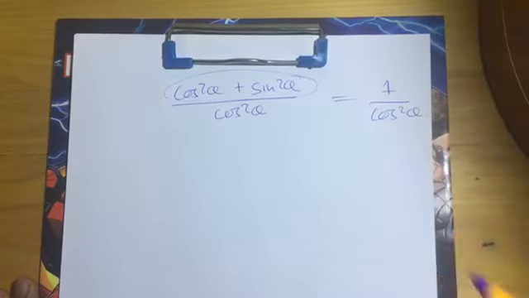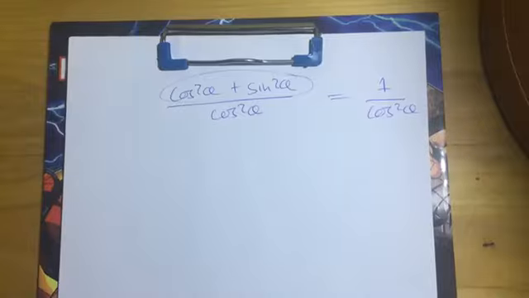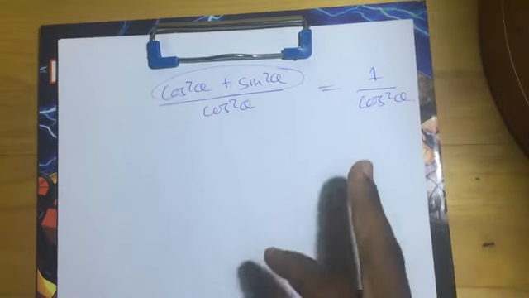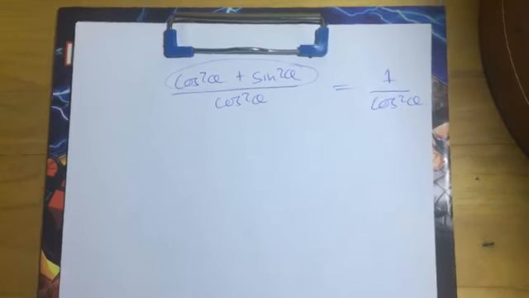Now, whenever cos is a denominator, how else can we write it? What is 1 over cos? Plus tan? Nope.